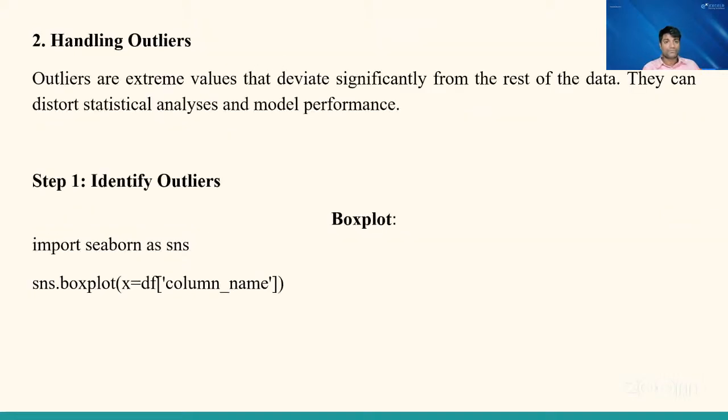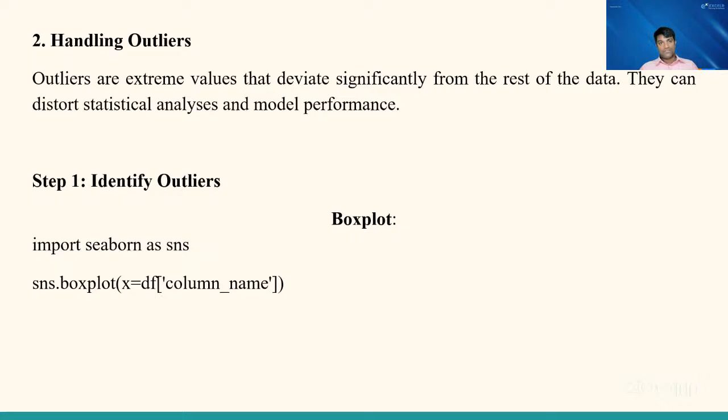It's a very useful mathematical method which is used to replace the missing values, particularly in time series data. Next is handling the outliers, and we handle the outliers by building a box plot, where we try to identify the outliers. This box plot can be built using a Python library called Seaborn.